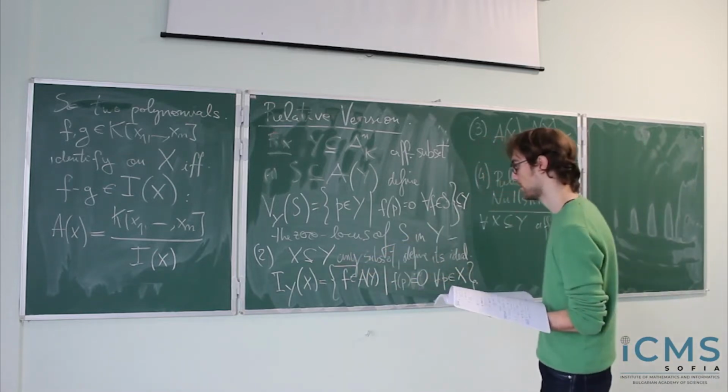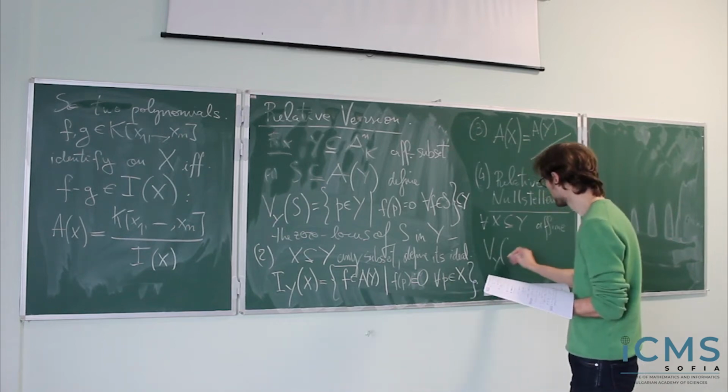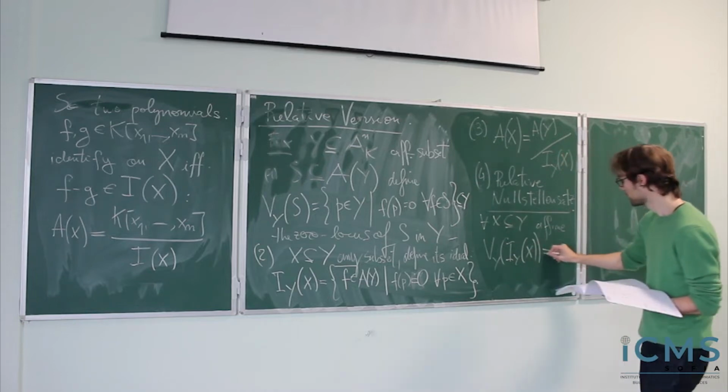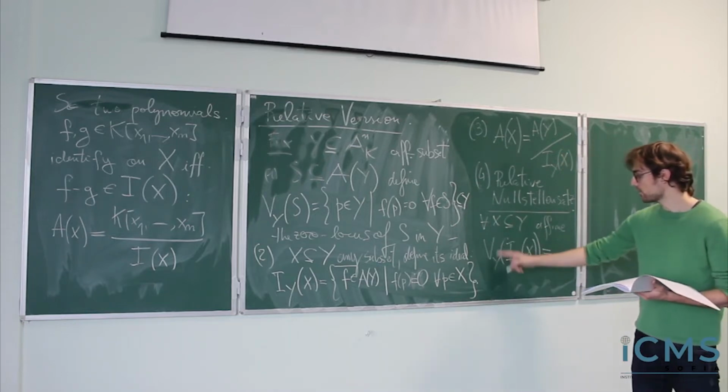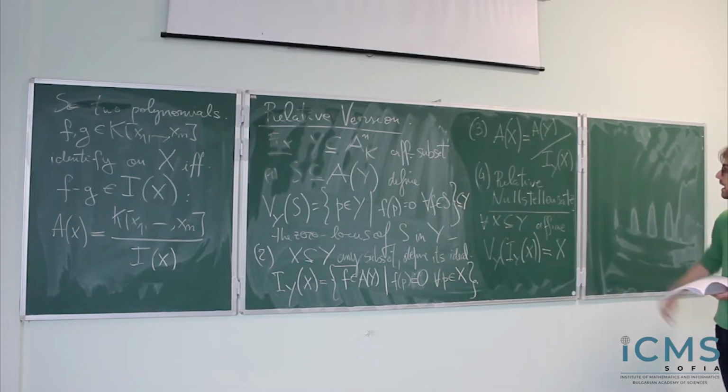This was a general process, this is less of a general process. If I take V_Y I_Y, then we just tumble down again back and forth.